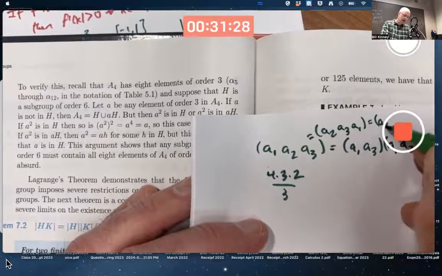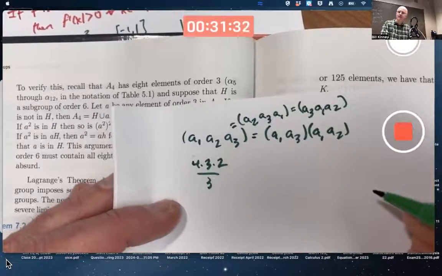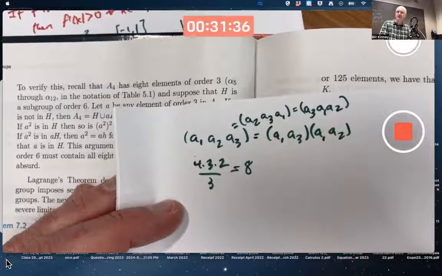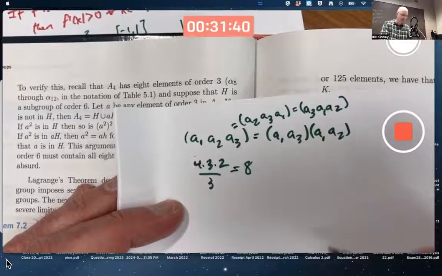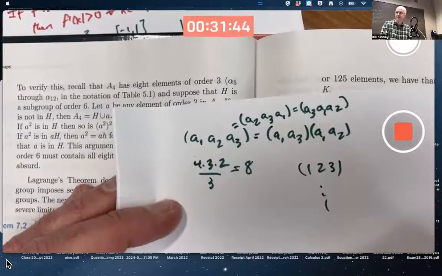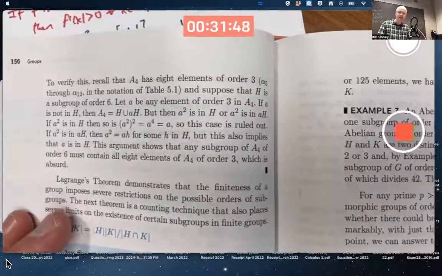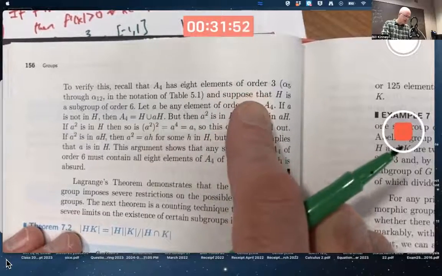And here's a third way. Giving me altogether 8 such permutations. You could also list them out. (1 2 3) would be one example, etc. You'd see you'd have 8 of them. A4 has 8 elements of order 3.